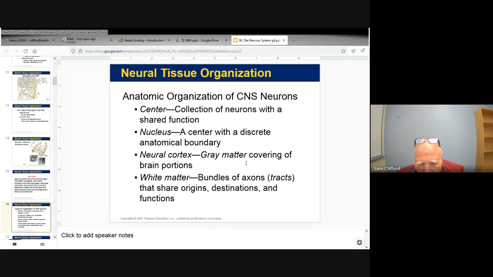Neural cortex is the gray matter covering the brain. The white matter is the bundles of axons that are myelinated by oligodendrocytes. And the white matter greatly increases the speed of conduction in order to move information very quickly out to your muscles or move it to your brain and output from your brain in the white matter.